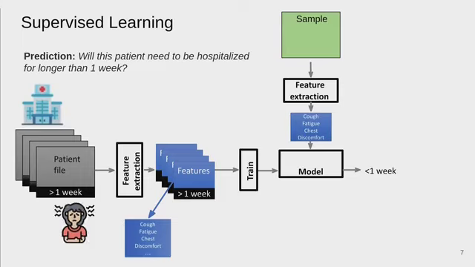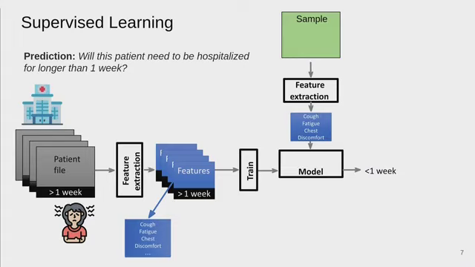Like going forward, will this patient need to be hospitalized for longer than a week? For training, we could look at all the patient files, from 1 week before to now, and compare the delta, extract the features. Like 1 week before, the user was coughing, fatigued, had chest pain, had other kinds of discomfort, a lot of features that are being extracted and analyzed.